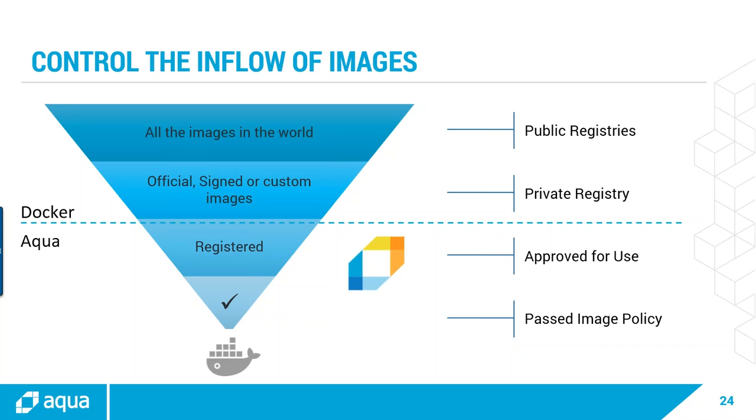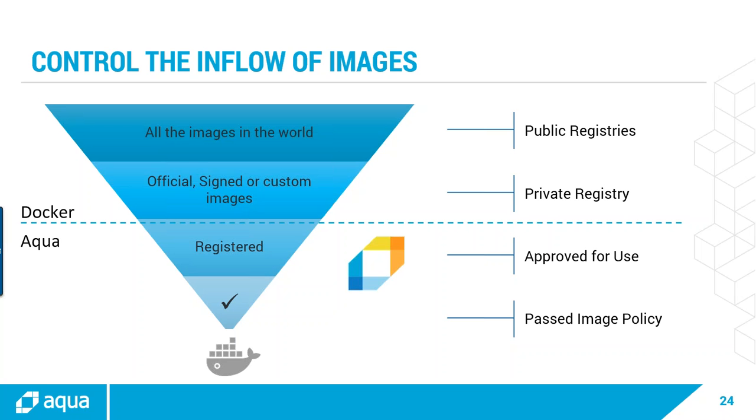Most of these images are not something that you would want to use. They're private versions of various things or things that people developed on their own. So within that, you need to select a subset of what Docker calls official or signed images, or your own custom images that are approved in your environment.